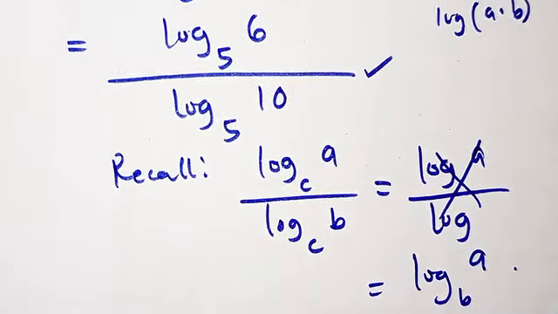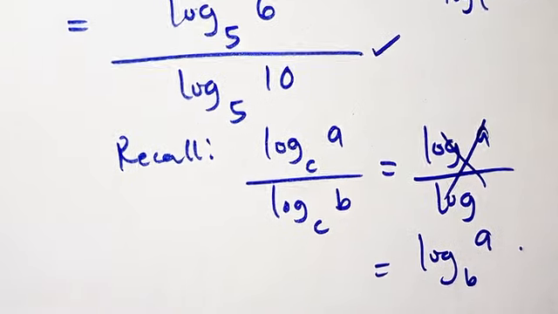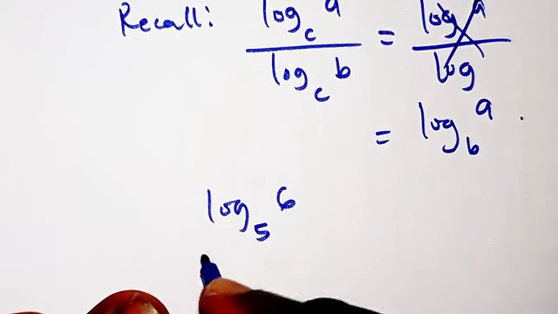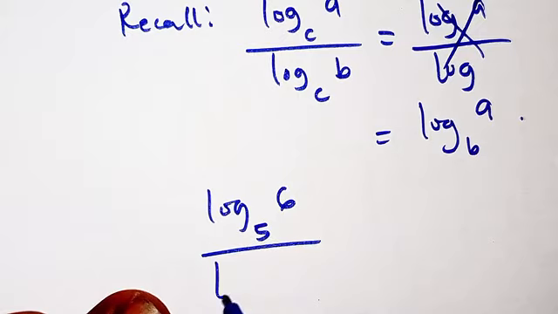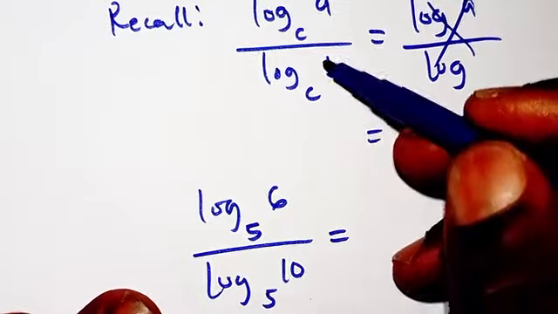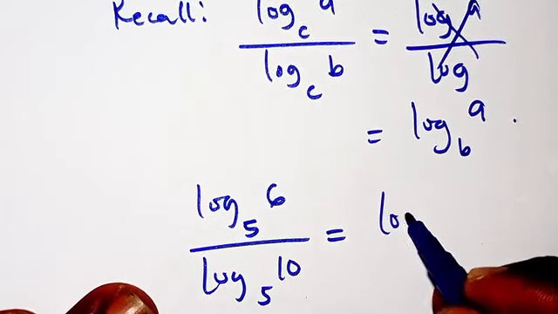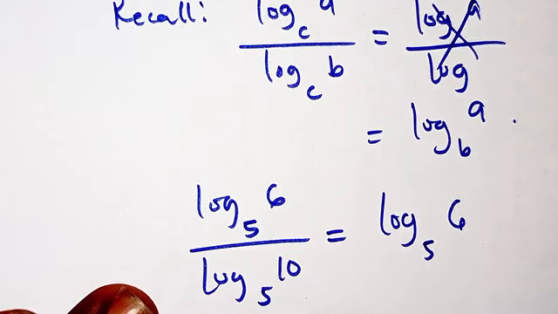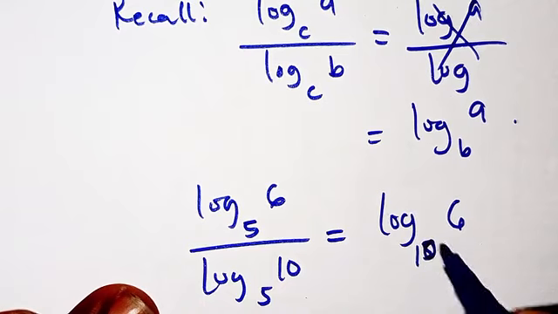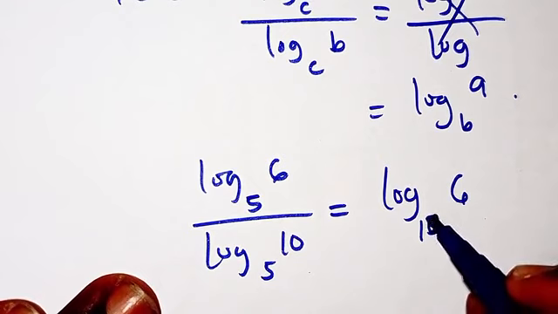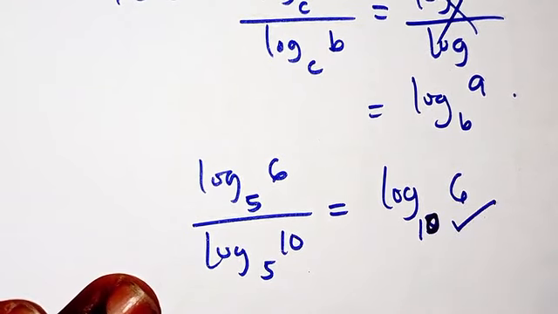So log base 5 of 6 over log base 5 of 10 is the same thing as log of 6 to base 10. Sorry, this would be base 10 because we change the base 5 entirely. So we have log 6 base 10, and that's the solution.